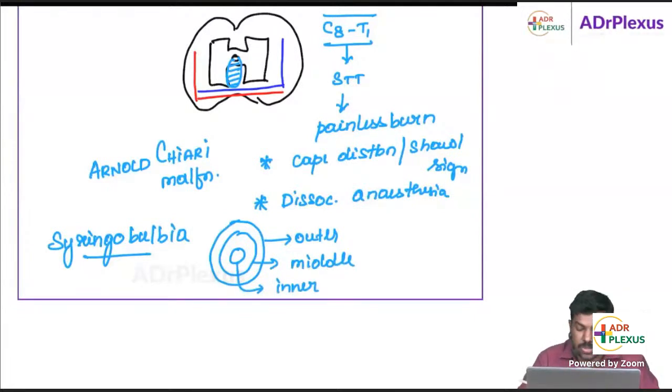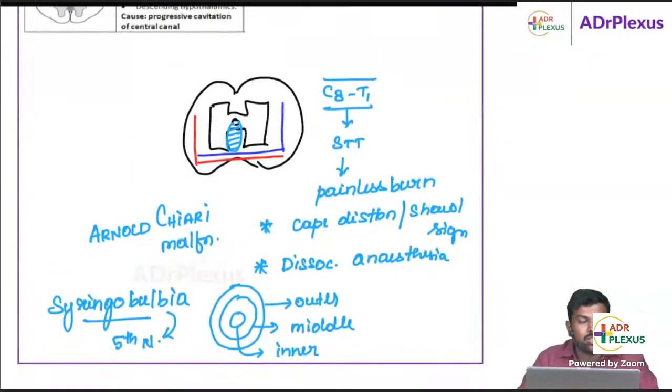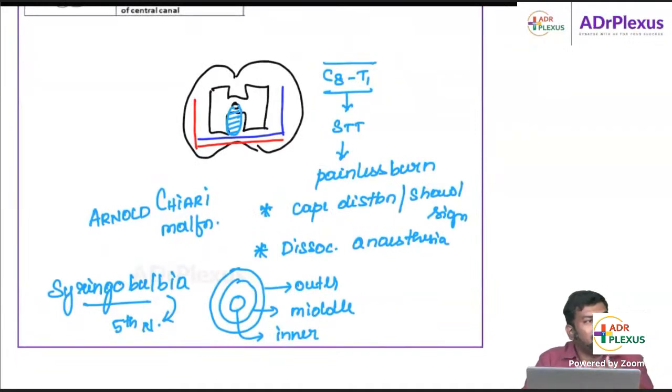Okay. So it is because of the fifth nerve compression in syringobulbia. Right? Yeah, very good. Balaclava helmet or Dejerine distribution. I have told you. Balaclava or Dejerine distribution. So with this, grossly, we have tried to cover the whole spinal cord.